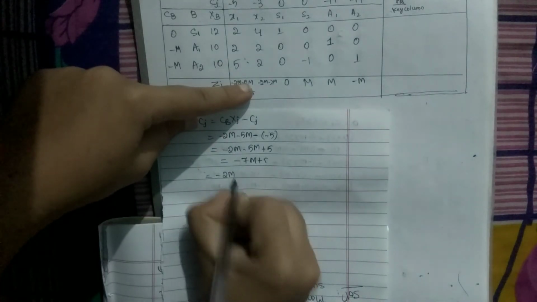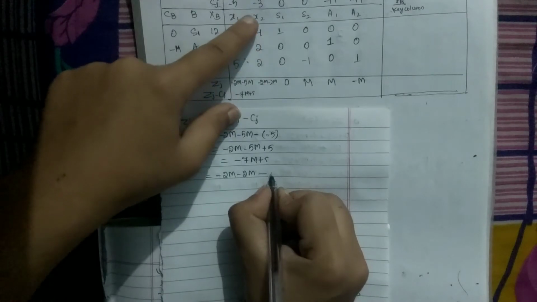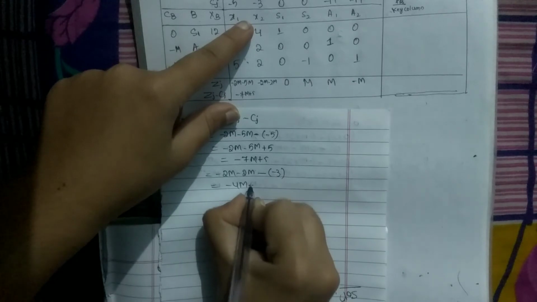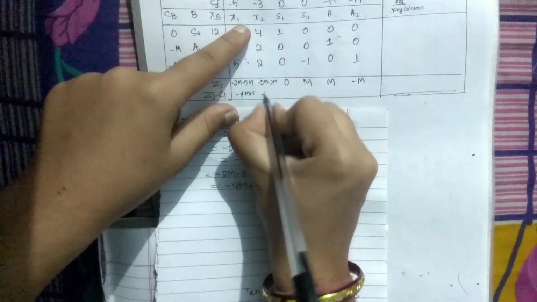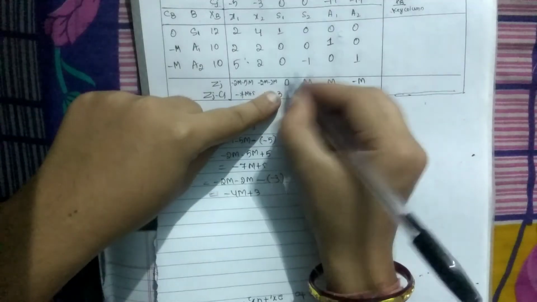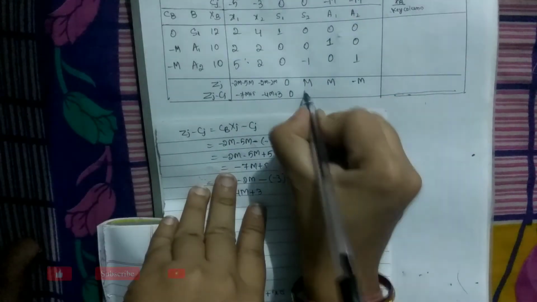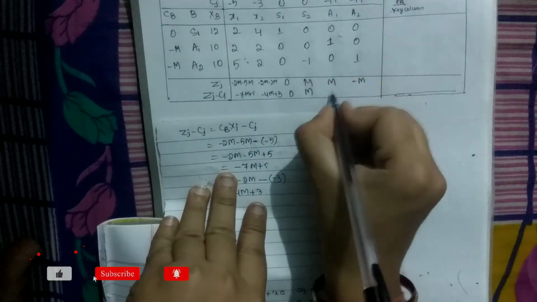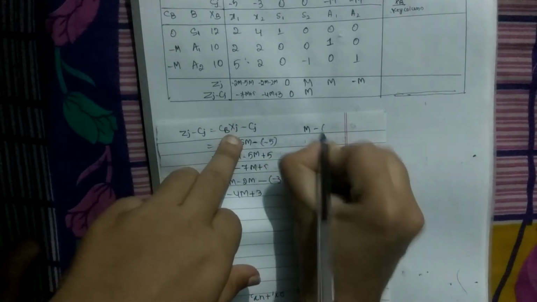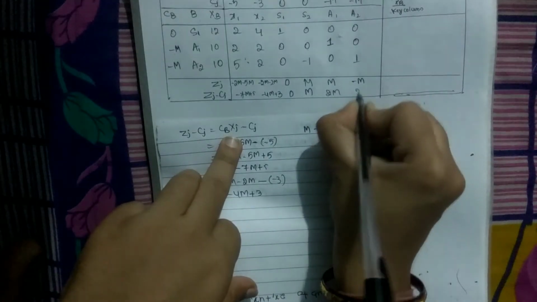Then minus 2M minus 2M, minus the Cj value of minus 3, becomes minus 4M plus 3. Here 0 minus 0 becomes 0, M minus 0 becomes M, and M minus of minus M becomes 2M, and here also 2M.